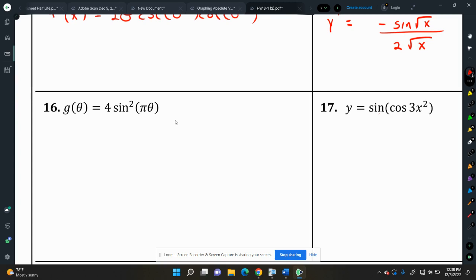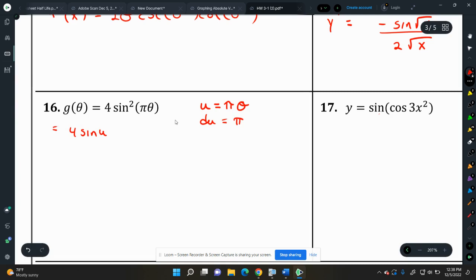Okay, so this one, now I'm going to use my U substitution because it's sine squared, so this gets a little tricky. What's U going to equal? Pi theta. So du will be pi. Okay, so I'm going to rewrite this as 4 sine u, and remember, this is squared like that.